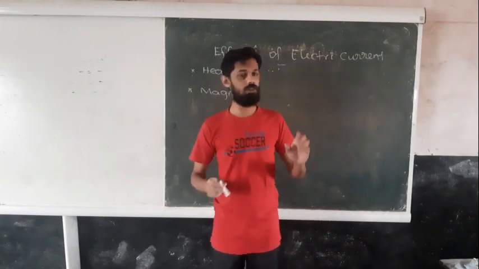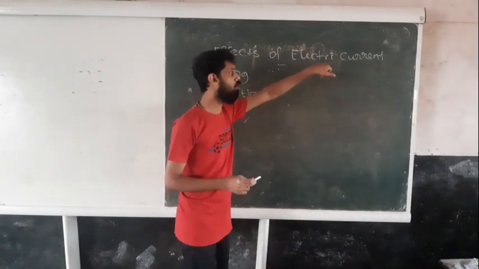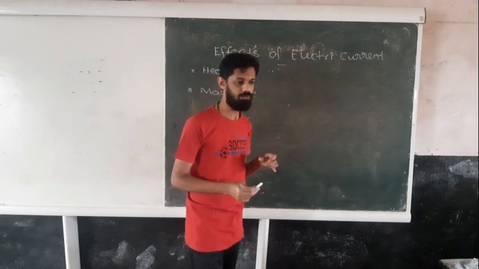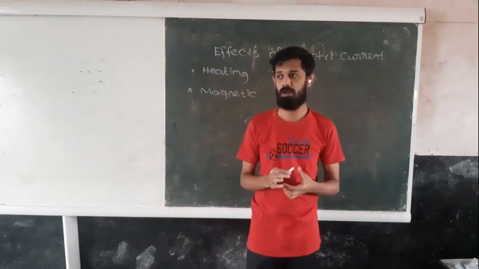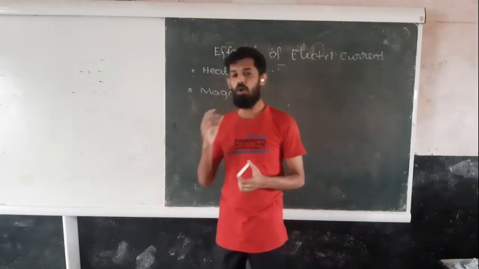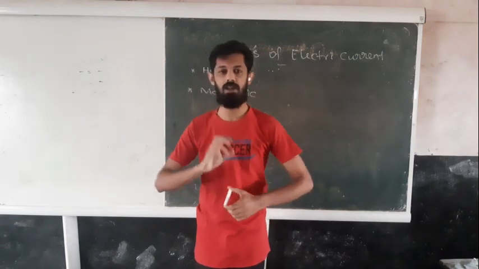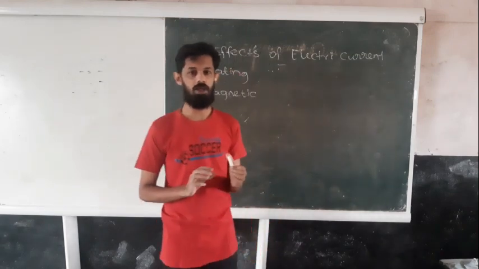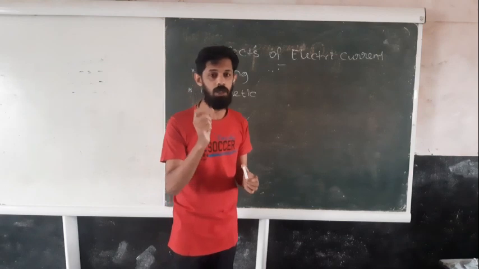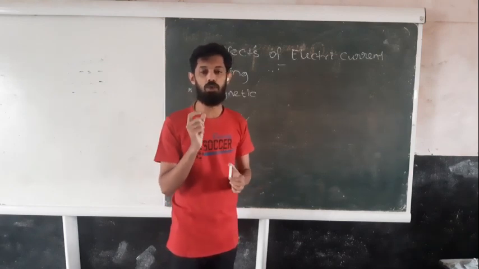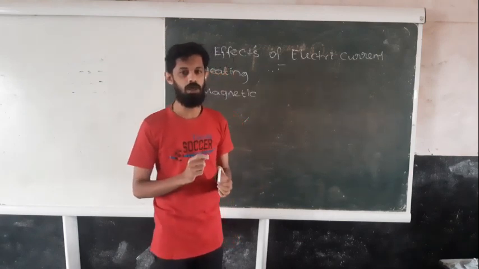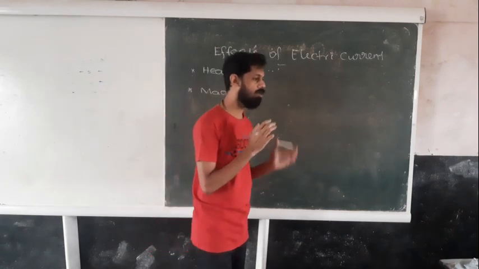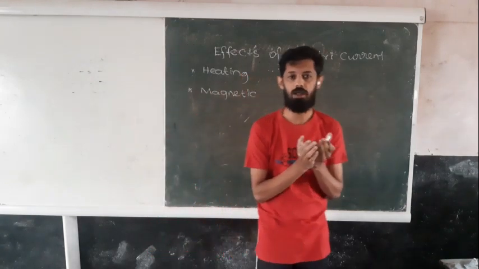So first of all, we need to know what is electric current. We know the definition of electric current. The flow of electrons through a conductor is known as electric current. Conductor, what is a conductor then?